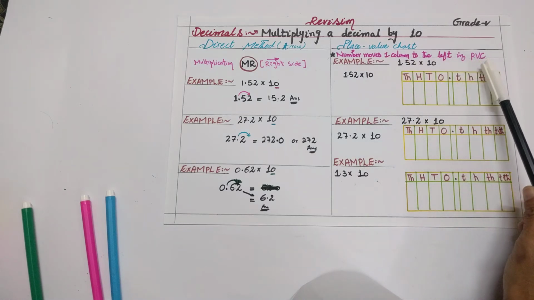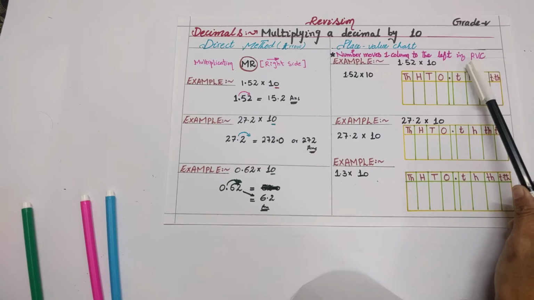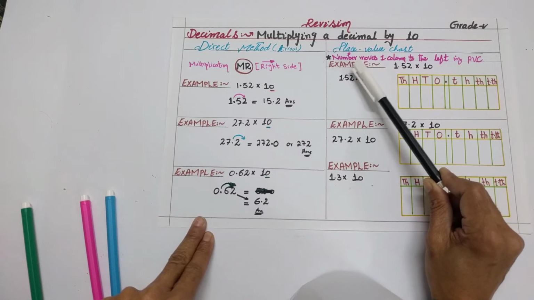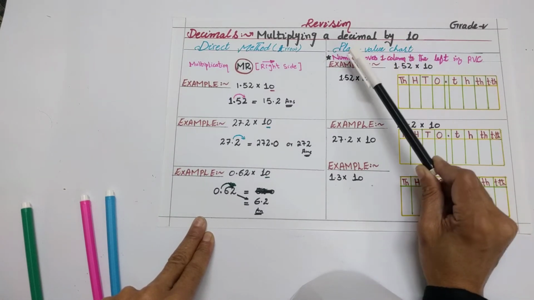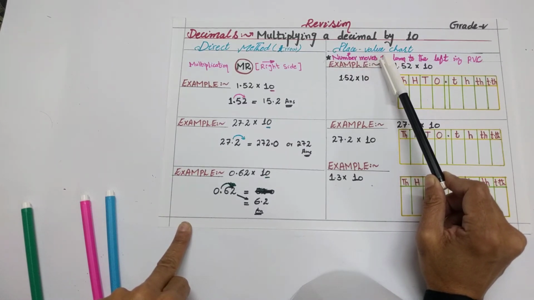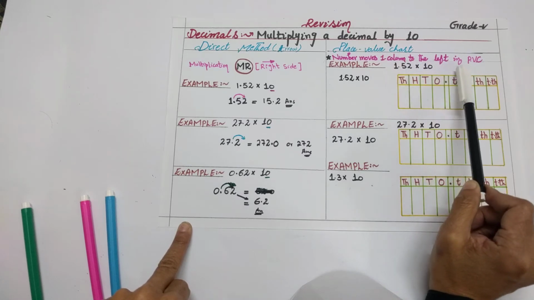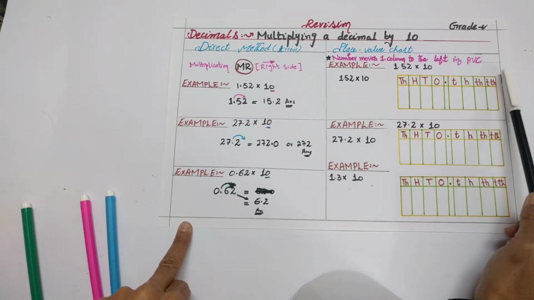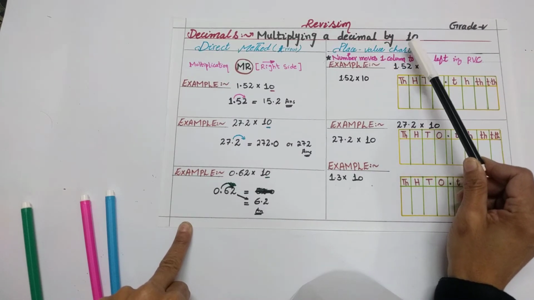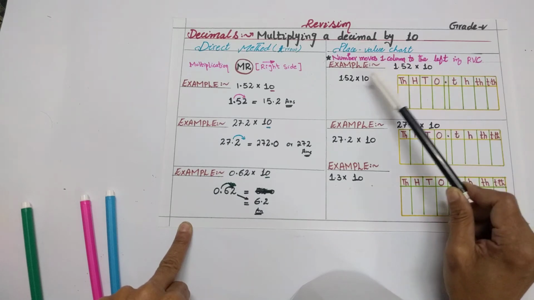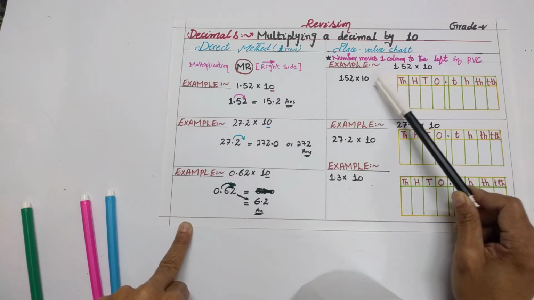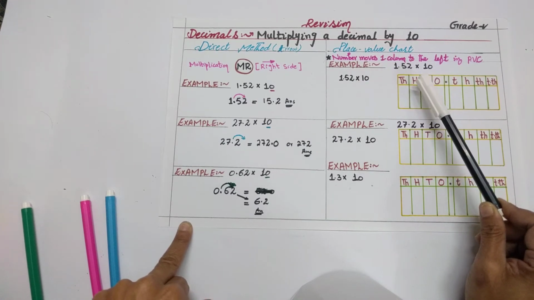Here PVC stands for place value chart. This one is the right side, this one is the left side. So when you multiply any decimal by 10 by place value chart, the given number moves one column to the left.